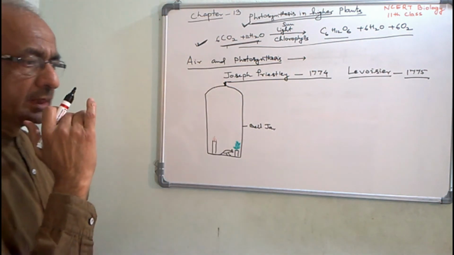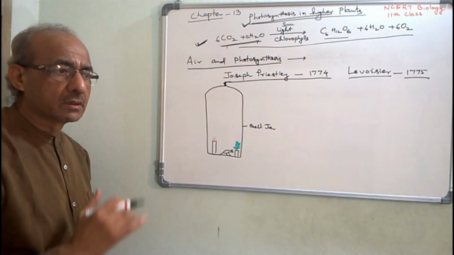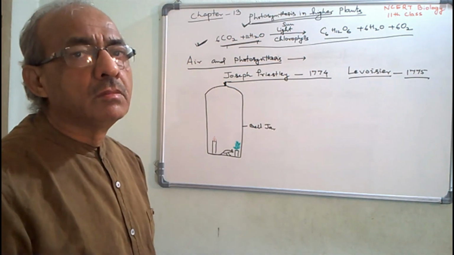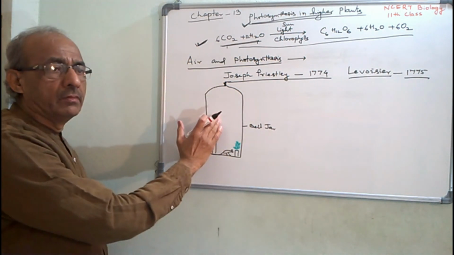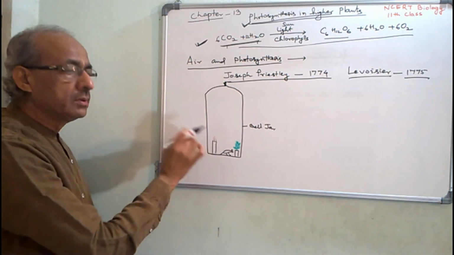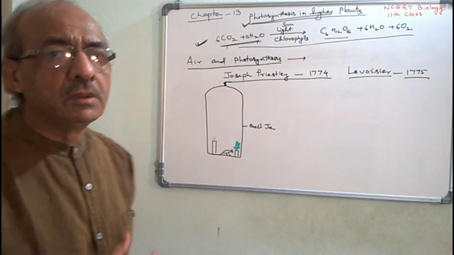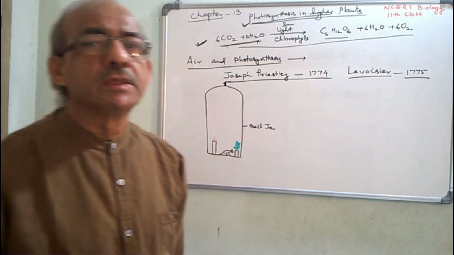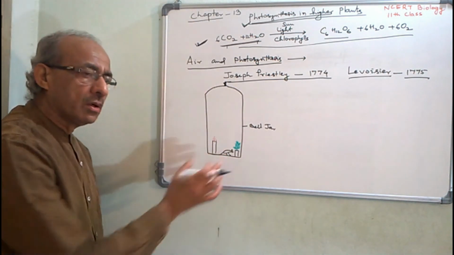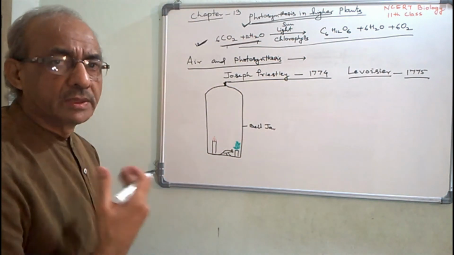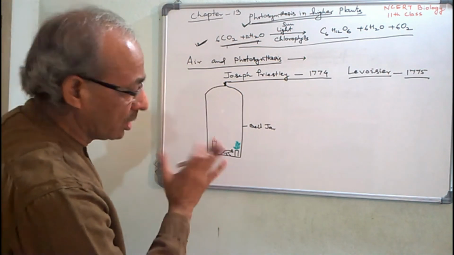The plant is restoring the damaged constituents of the air which were consumed by the burning candle or the breathing of a living organism like the mouse.